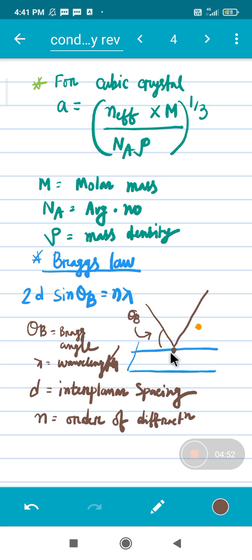Suppose this is a lattice point, so this angle will be my theta b, and this is called the Bragg's angle. I know my handwriting is very bad, but I want to discuss some formulas, and I'm still not so familiar with writing like this. Okay, so lambda is wavelength, d is interplanar spacing, and n is the order of diffraction. By plugging in those values, you can get the required parameter that will be required in your numerical.